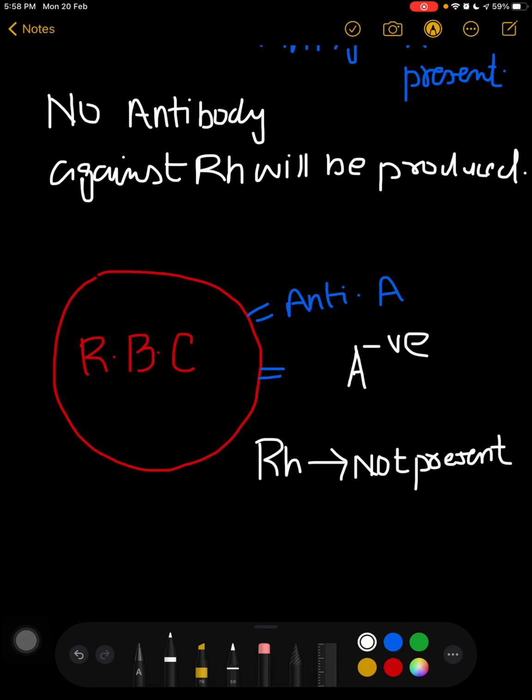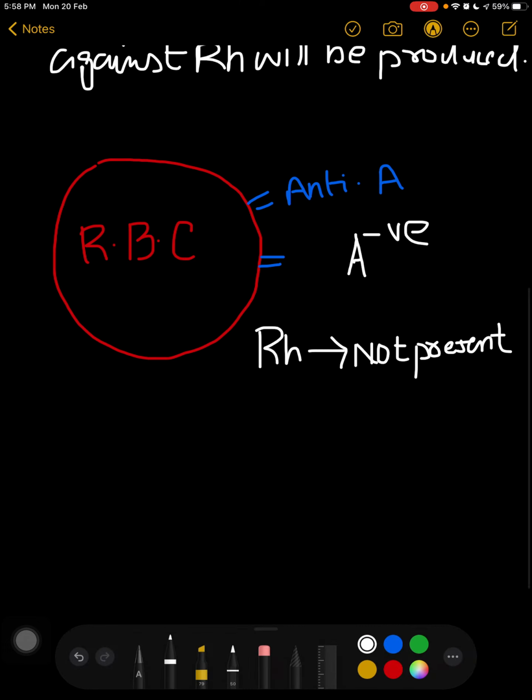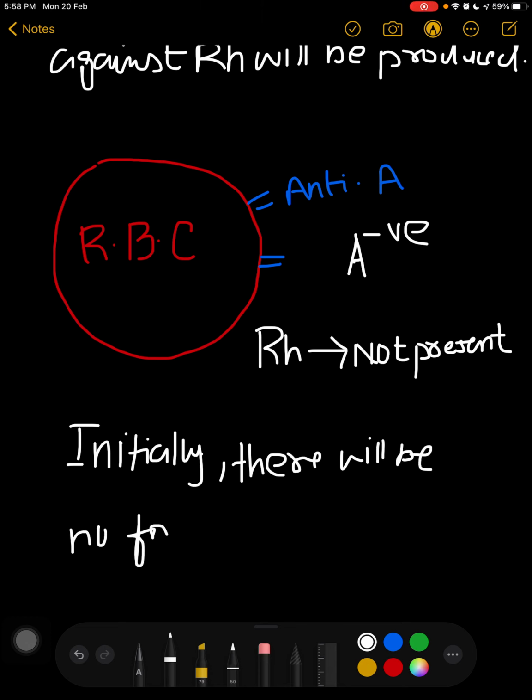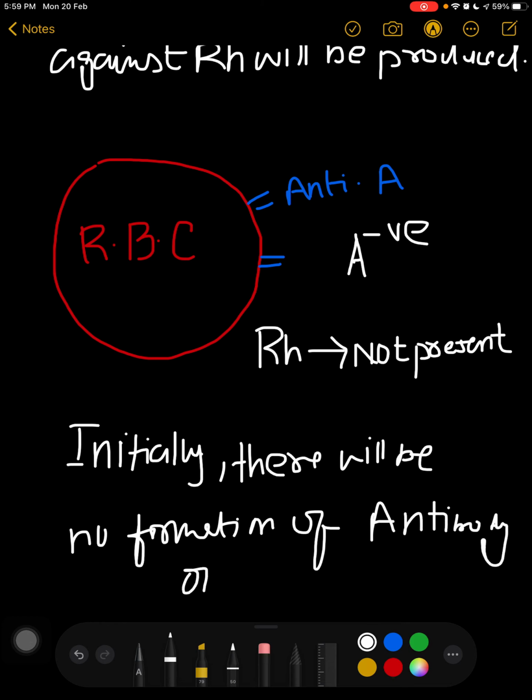Initially there will be no formation of antibody against Rh.